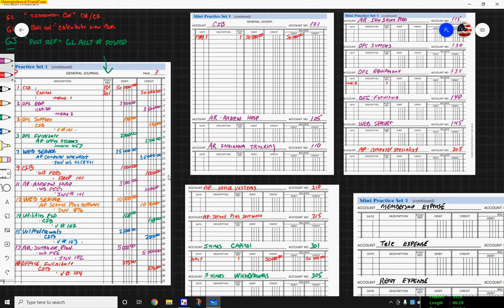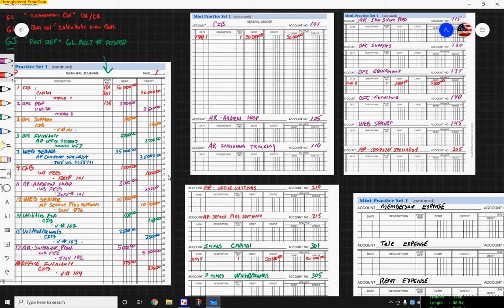It was a $3,500 debit. No previous balance to speak of, so that will be a $3,500 debit balance. Account number posted was 135. Go back to the post reference and put 135.